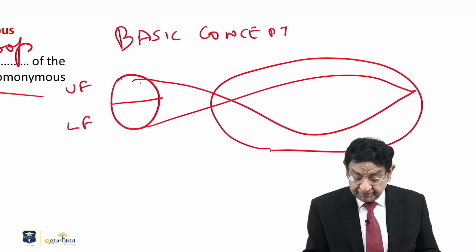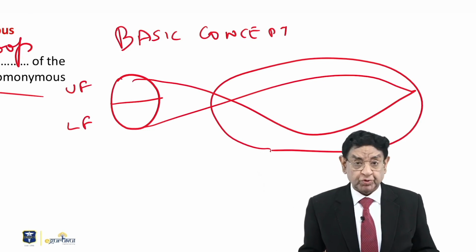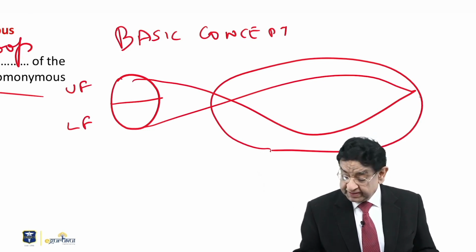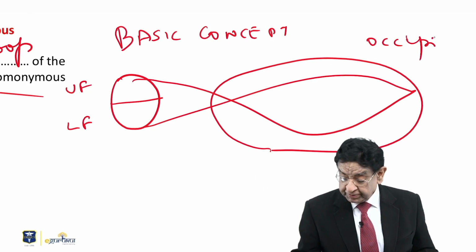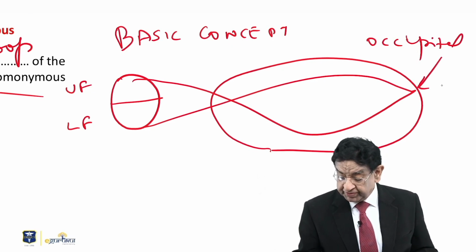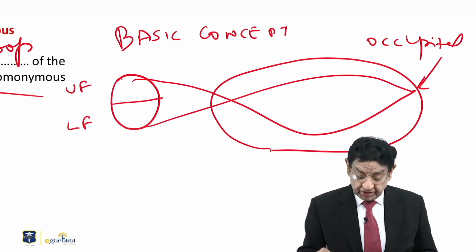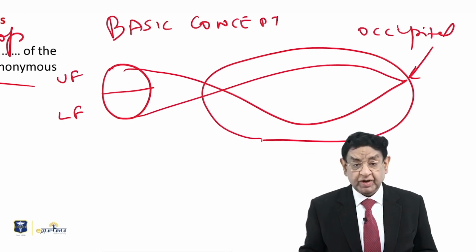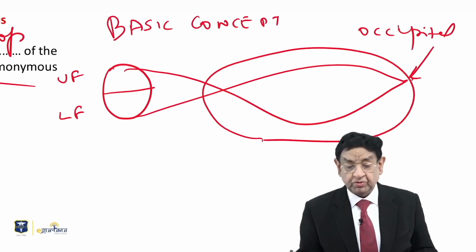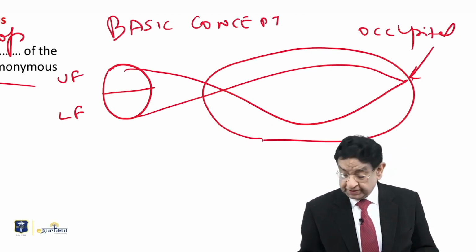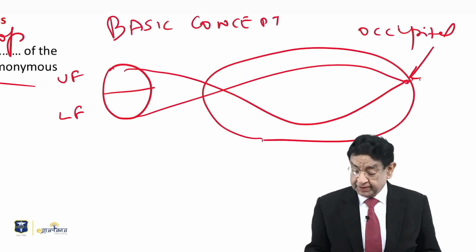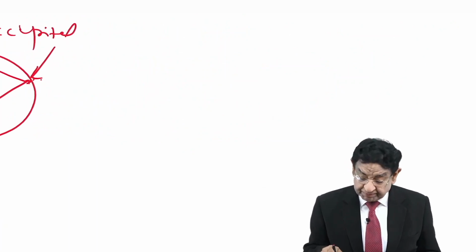The upper field fibers travel via the temporal lobe and ultimately all go to the occipital lobe. We know very well the area of vision is the occipital lobe. Lower field fibers go via the parietal lobe and ultimately go to the occipital lobe. Let me give you a very simple example.